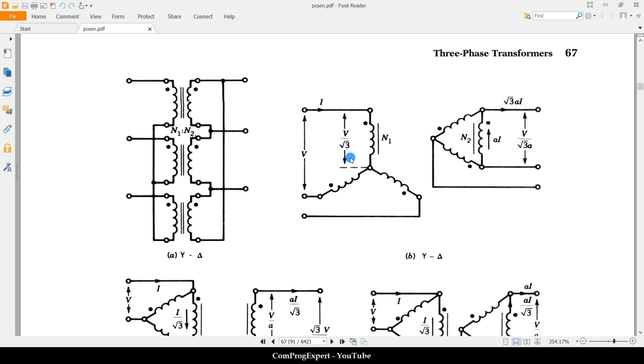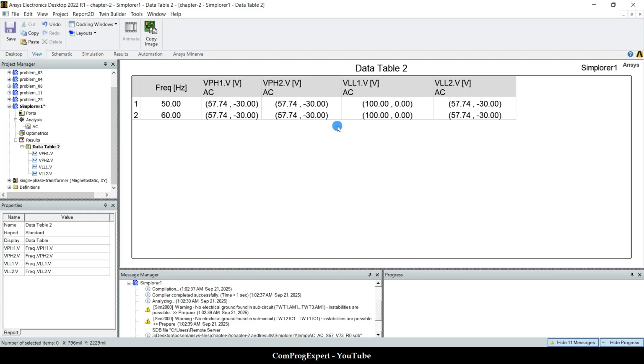And the transformer turns ratio is 1. We should have this number again for the line to line voltage of the secondary because here the connection is delta. So A is equal to 1. Here, as you can see for the secondary, V line to line 2, the amplitude is 57.